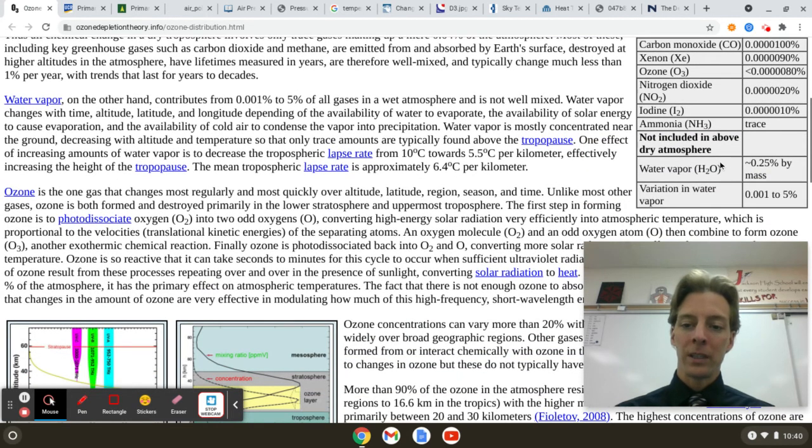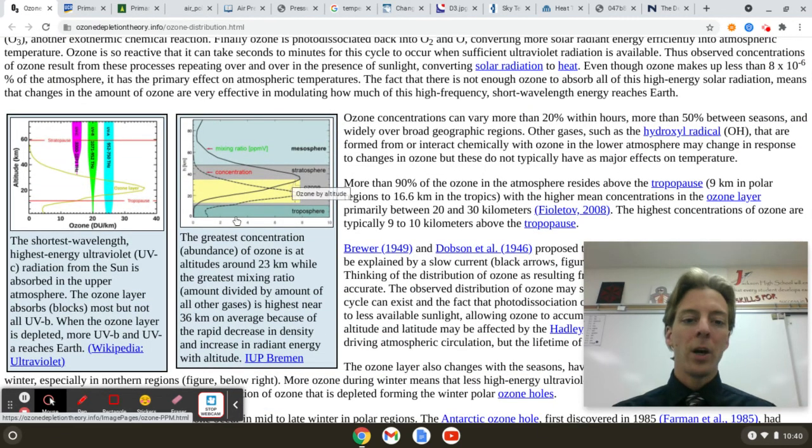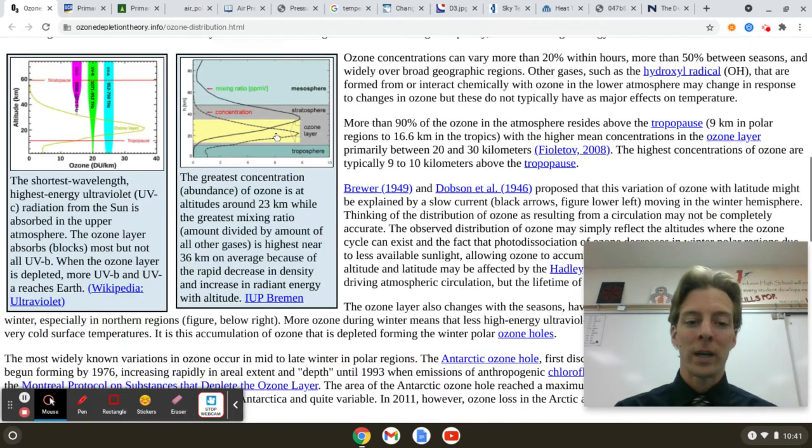Water varies. Here's what I was going to show: ozone, very little of it on the ground. Right here in the stratosphere, it peaks and then it decreases by altitude. That's why I kept this page up.